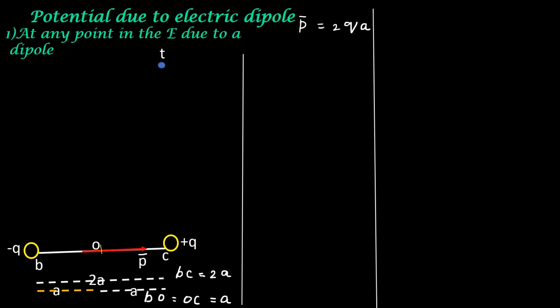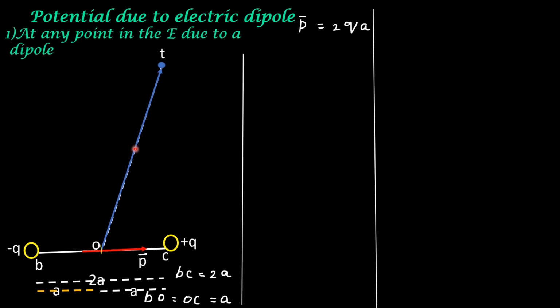Let T be the point where we want to find the electric potential. The distance of this point from the origin is taken as r, and it is much greater than the distance 2a. This is the position vector of T from O. This is the direction of the dipole moment, and this is the direction of the position vector.